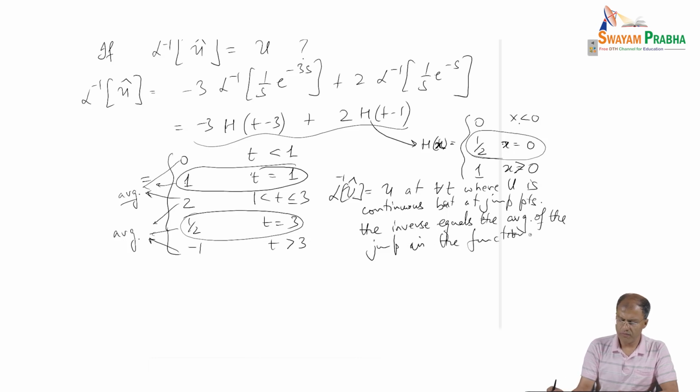That is what we saw: at the jump points the value was equal to the average of the values below and above the jump. Finally, we end our discussion with another quick example.